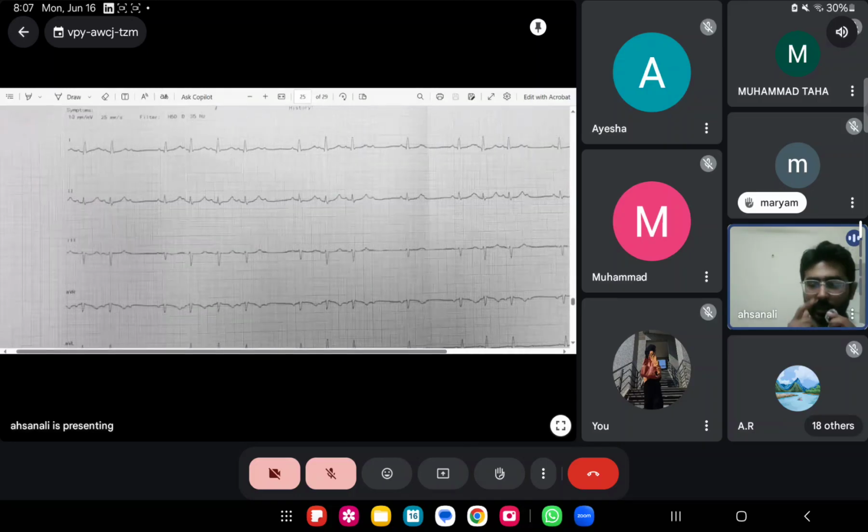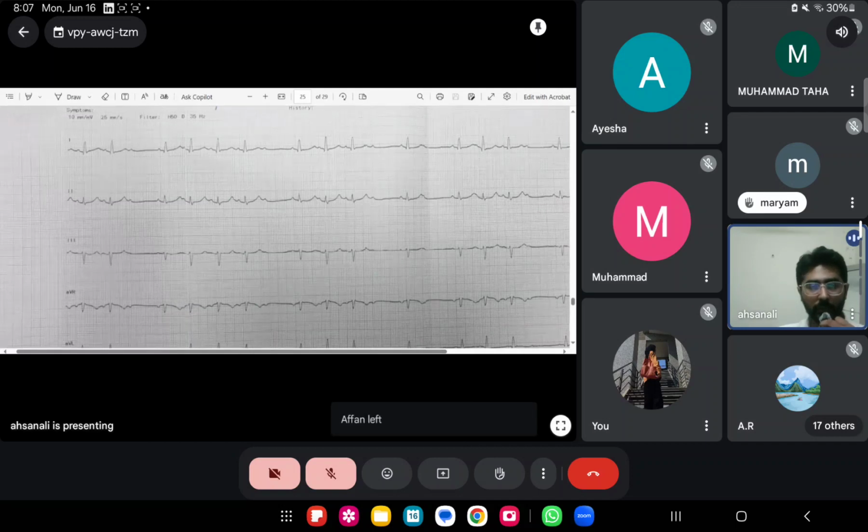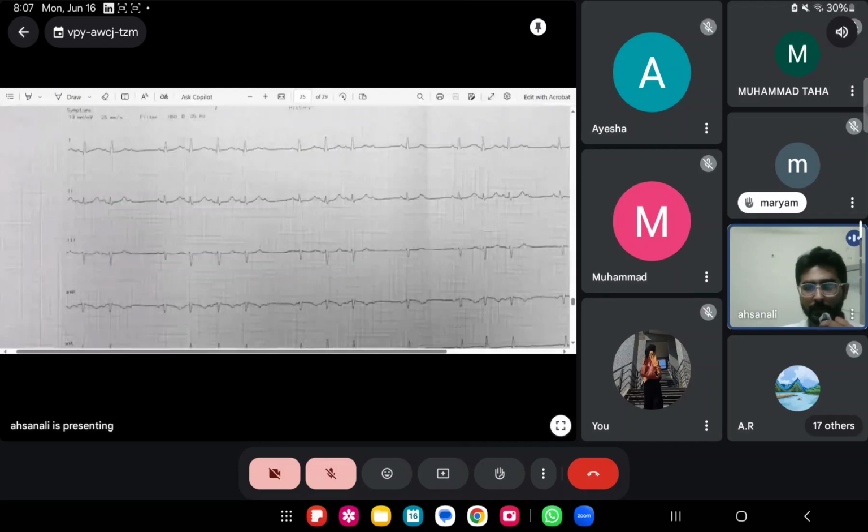Okay, so this patient is Salma, a 60-year-old female who came with the complaint of dizziness and a history of syncope. All right. So, would anyone like to comment on what you are going to see in this? Is it sinus rhythm?